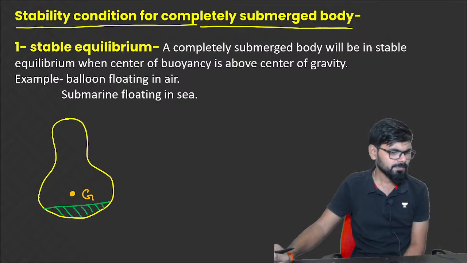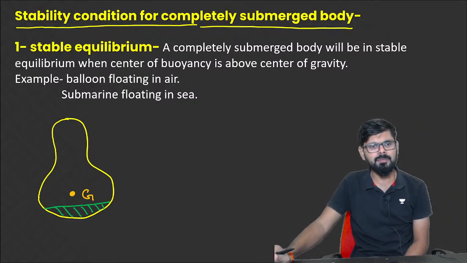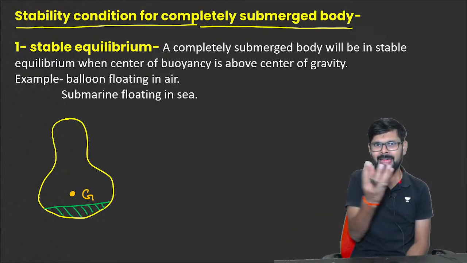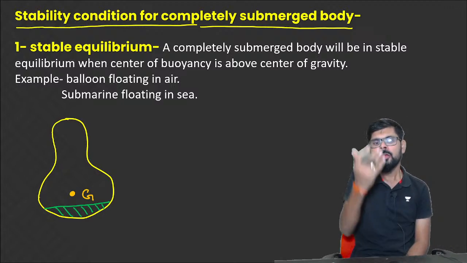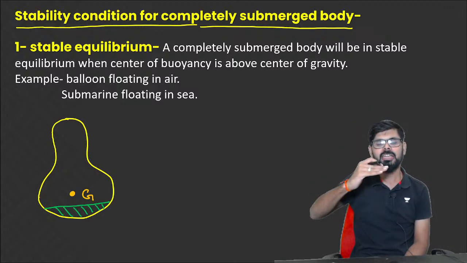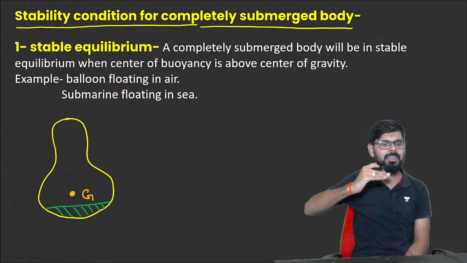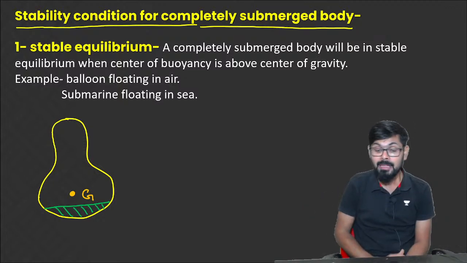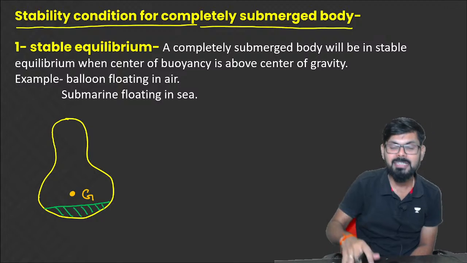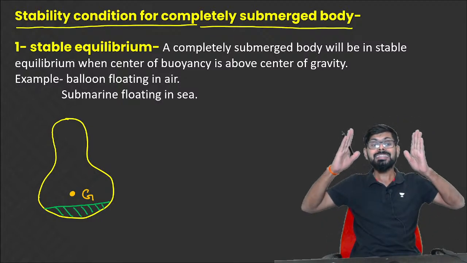Clear beta? Everyone is clear here? So why is weight there at the bottom? Because I want to shift the center of gravity to below. Now please listen here carefully. This particular thing is basically a submerged body.